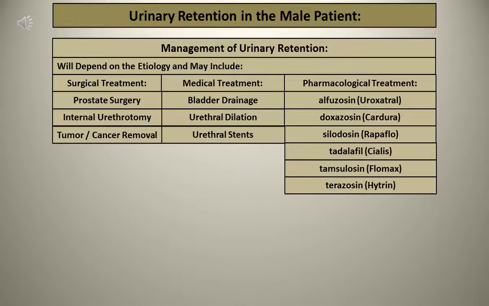Management of urinary retention will depend on the etiology and may include surgery, medical treatments, and/or pharmacology. The most common surgery is transurethral resection of the prostate. In this procedure, the urologist uses a tiny tool inserted through a catheter to remove a section of the prostate.